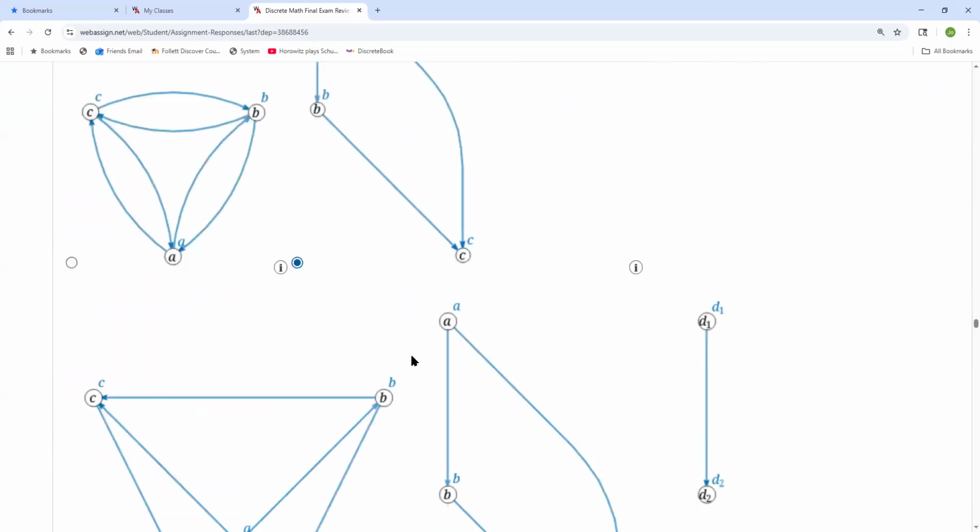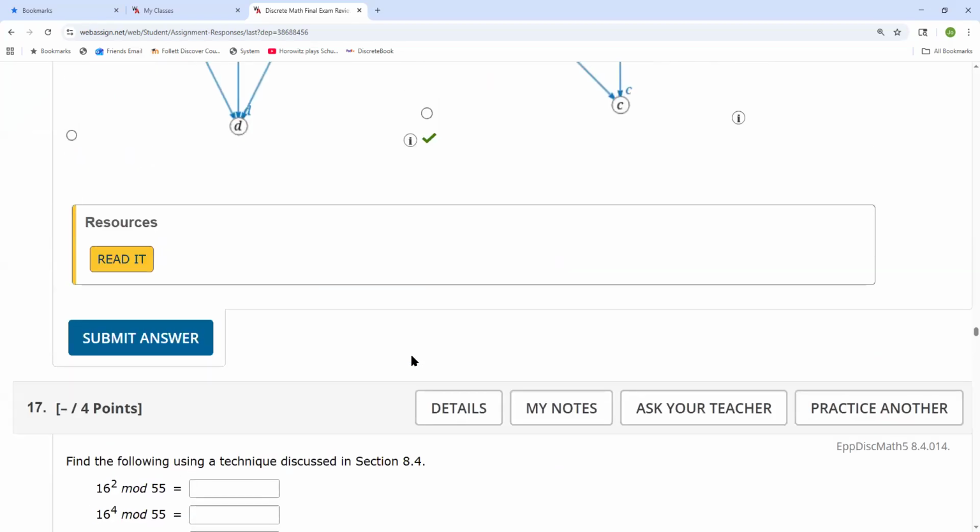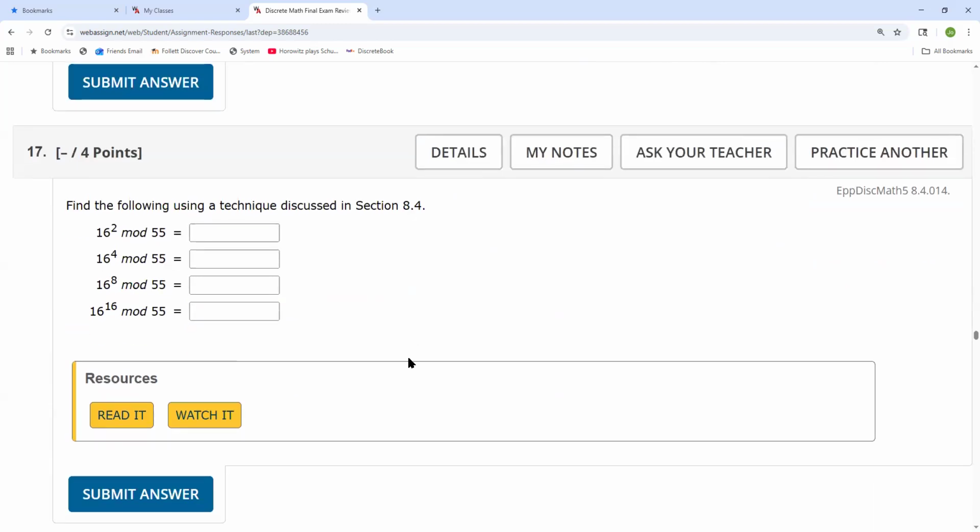Okay, there's this relation. There's that one. We did that one too. Okay, now we're going to find the following using a technique discussed in section 8.4. So what's 16 squared mod 55? So remember, the mod operation means remainder after dividing by something. So 16 squared is 256. And what's the remainder after dividing 256 by 55?